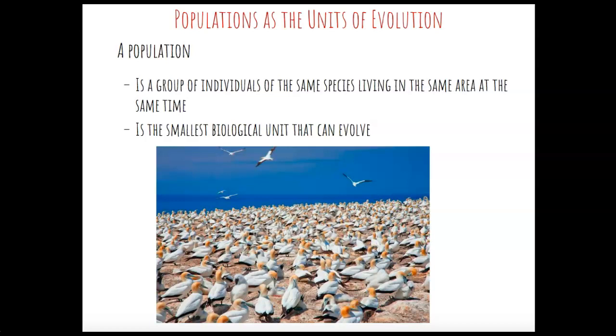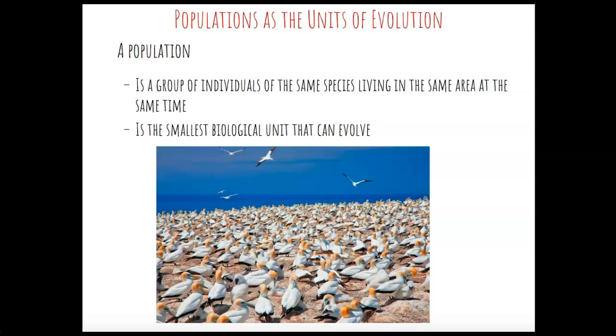So it could be a population of grizzly bears in the entire state of Alaska, or it could be the population of grizzly bears in a specific national park. It just depends on what question that researcher is asking. But a population will always be a group of individuals that are of the same species that live in a predefined area at the same time.